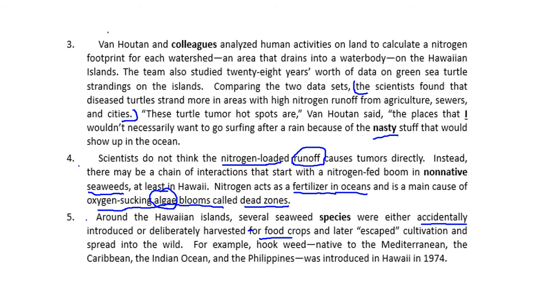In a way, they escaped into the wild. They went into the ocean and started blooming. For example, hookweed, native to the Mediterranean, which is the area we are living in, the Caribbean, the Indian Ocean, and the Philippines, okay, this is where hookweed was introduced in Hawaii in 1974.